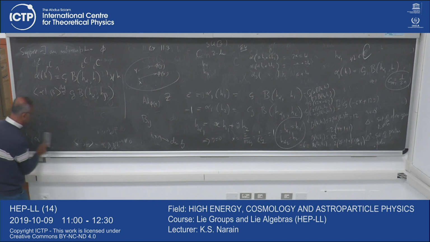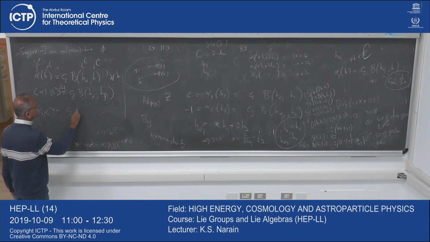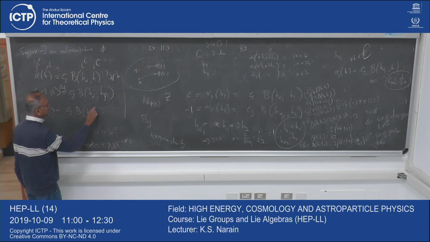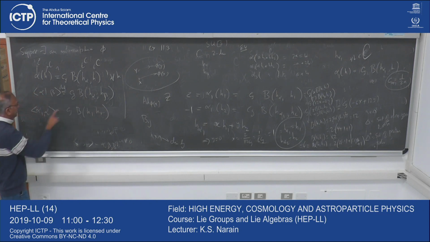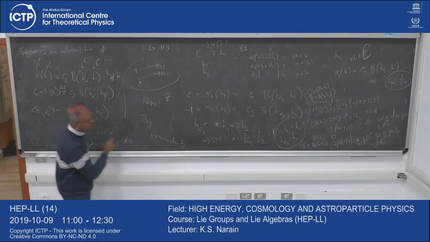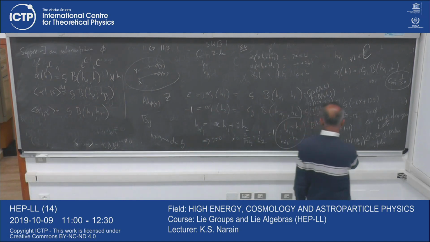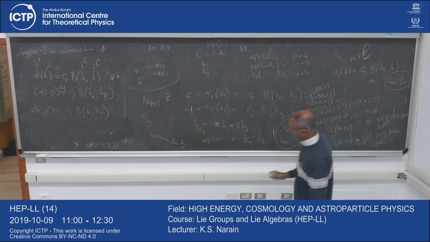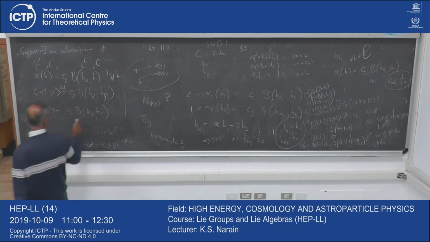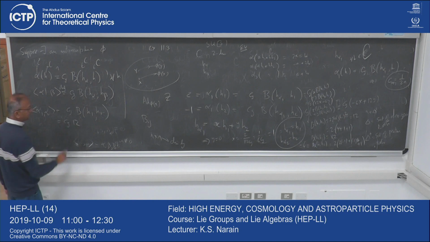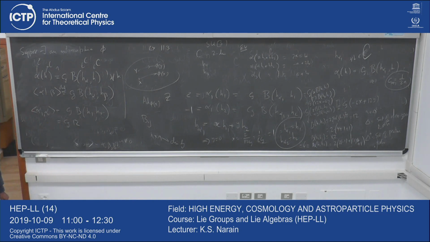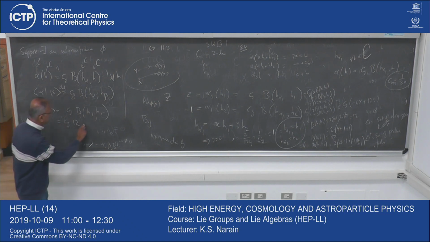So for example, alpha 1 with alpha 1 is the same as CG times B of H1 H1, because H alpha 1 was nothing else but H1, and we already calculated that B H1 H1 was 12. So this is CG times 12, which, if I use the 1/6, is the same as 2.